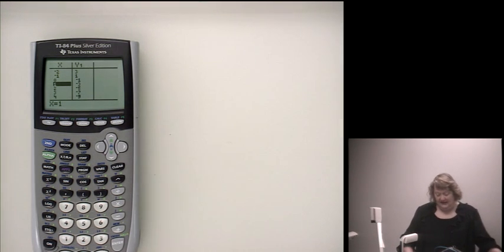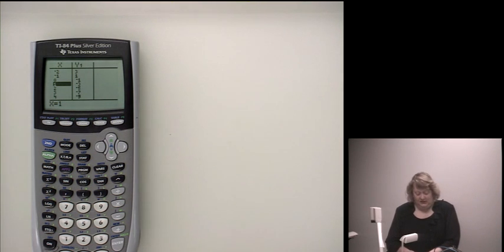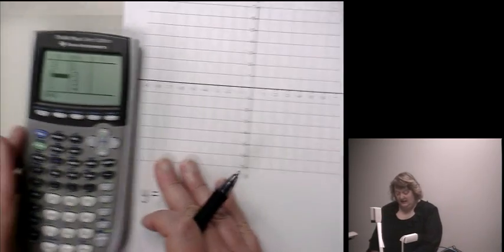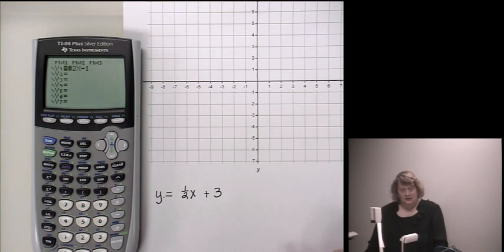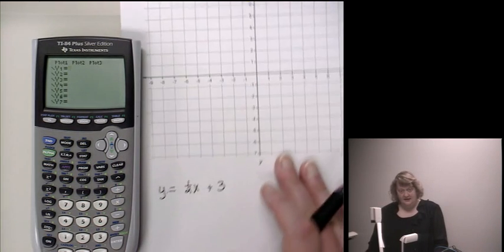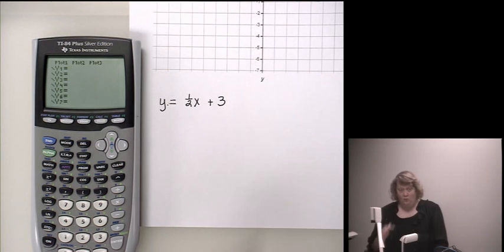Okay, let's look at another example that involves a fraction and how the calculator will handle the fraction. Okay, again, to get back, we'll go to y equals, clear out what we have. In this one, we want to graph 1/2 x plus 3. There are places that our fractions need parentheses and places they don't.